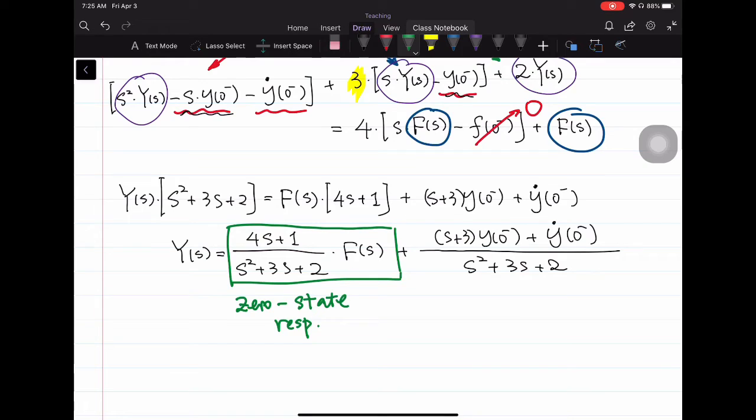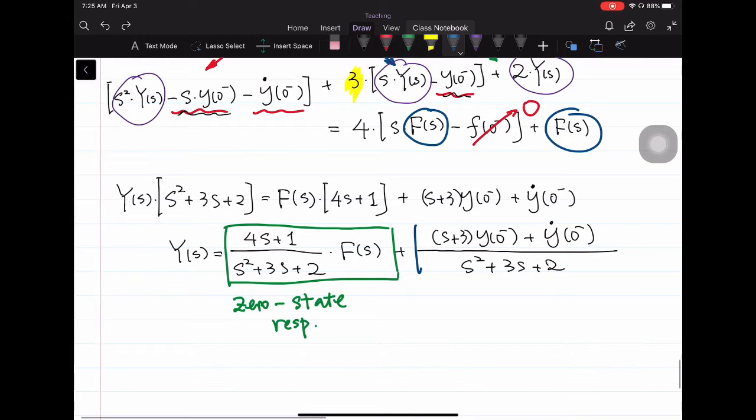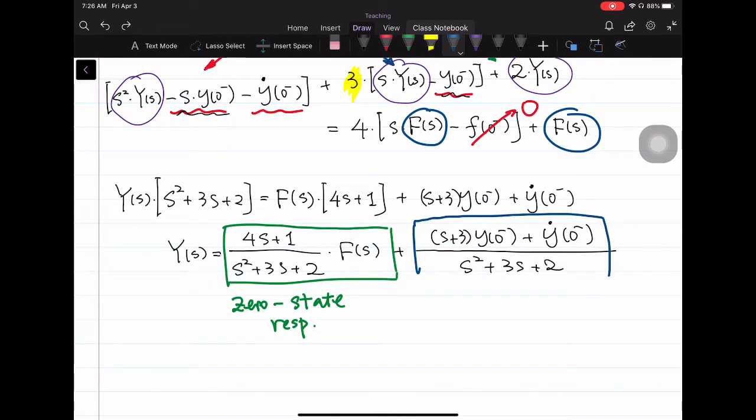On the other hand, if the input signal f(t) is 0, that means F(s) is 0. And if F(s) is 0, the only terms left on the right-hand side will be this guy, which is the response of the system when the input is 0, or in our chapter 2 language, what we call the zero input response.